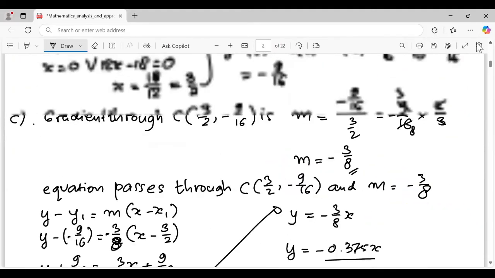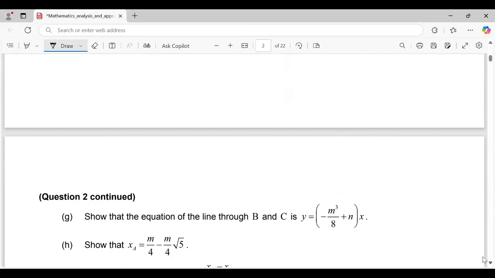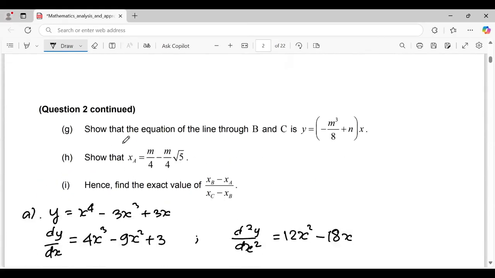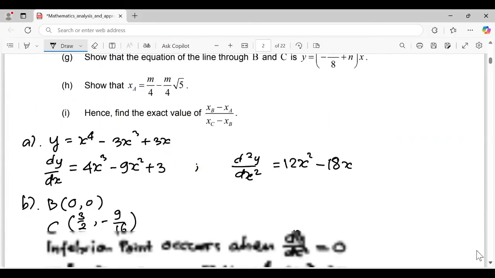Next, G. Show that the equation of the line through B and C is this one. So the line through the origin and C, the coordinate point C we gained already, and we are going to prove that the equation of the straight line is this one.